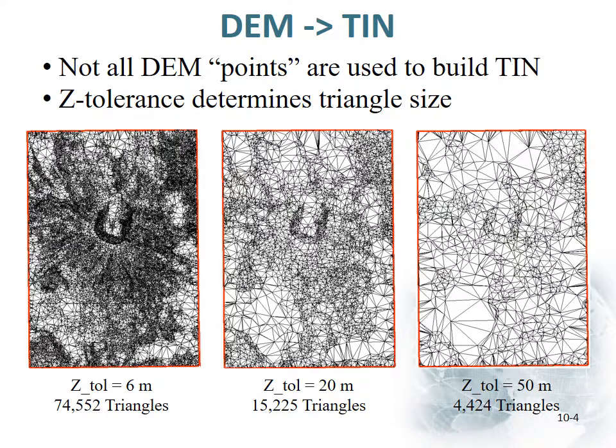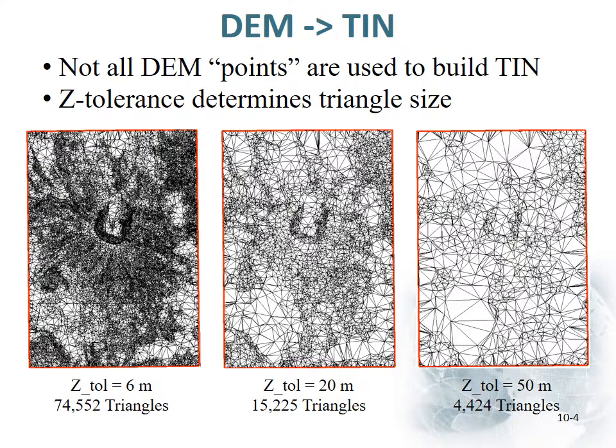So we're increasing the search range, the Z tolerance. We're decreasing the number of triangles, which ultimately means that the resolution of the tin is coarser. Okay, and it doesn't represent the landscape as well as the Z tolerance of 6 meters.